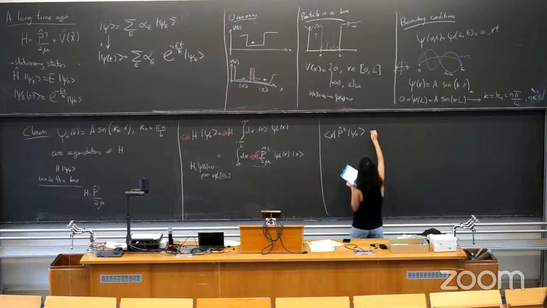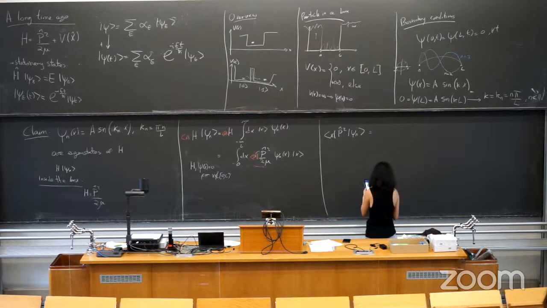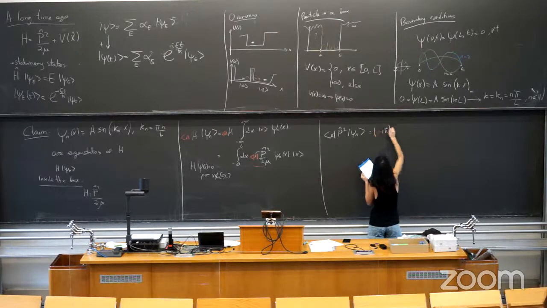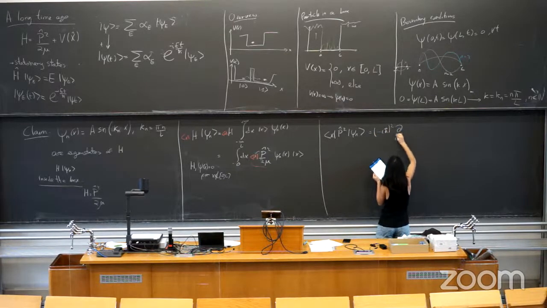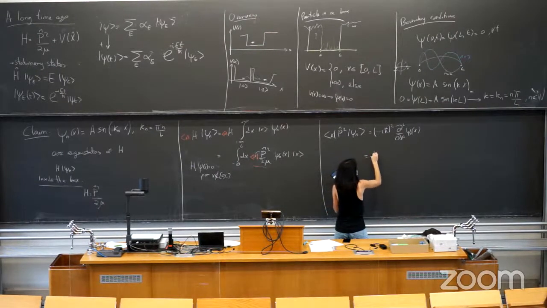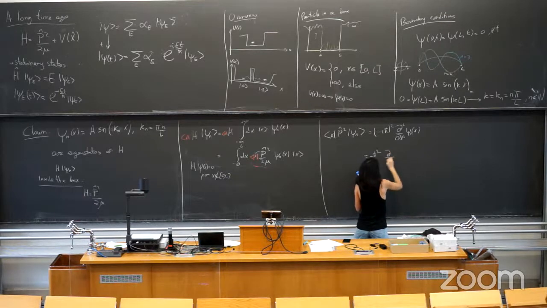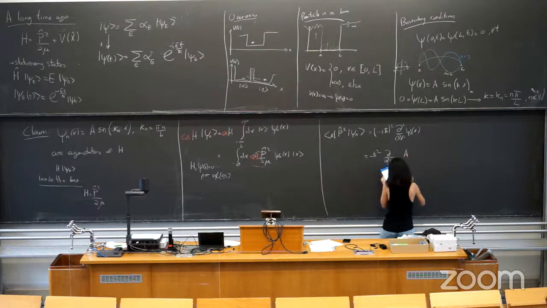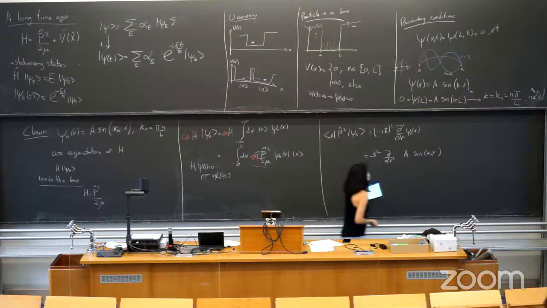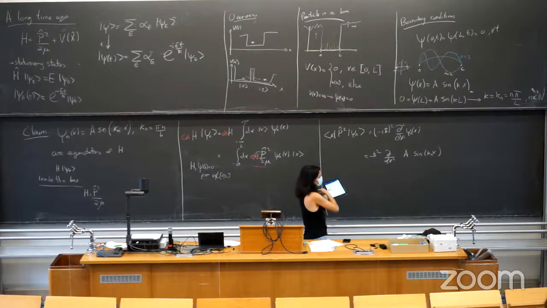This we computed a few weeks ago, if you remember. H bar squared, psi n of x, minus h bar squared over 2 mu, the second derivative with respect to x squared. And now what we have here, just replace here a sine of k x. And now what's the derivative of the sine? It's the cosine or minus the cosine. If you derive it again, you get minus sine.